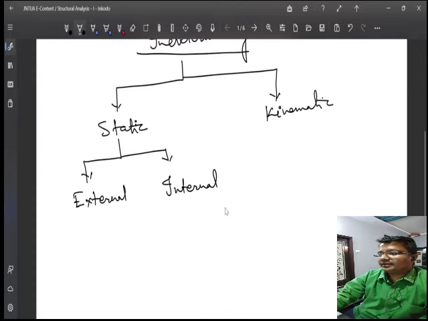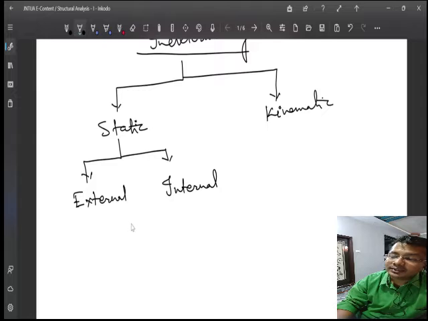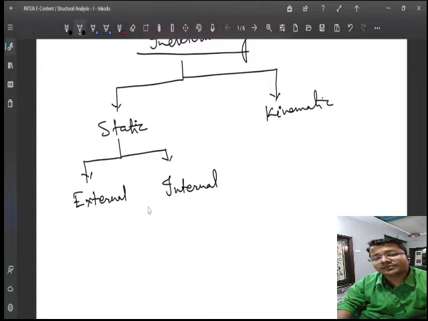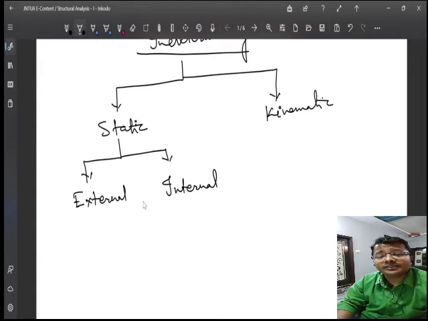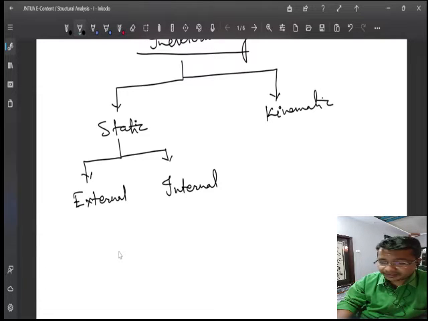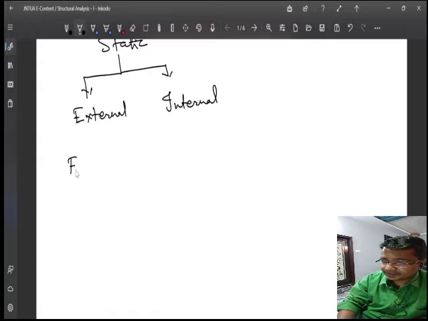Now, what is this external indeterminacy? This external indeterminacy is the indeterminacy in the structure which arises due to the external reactions, right?